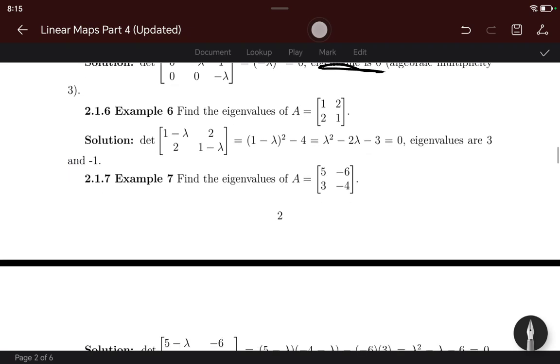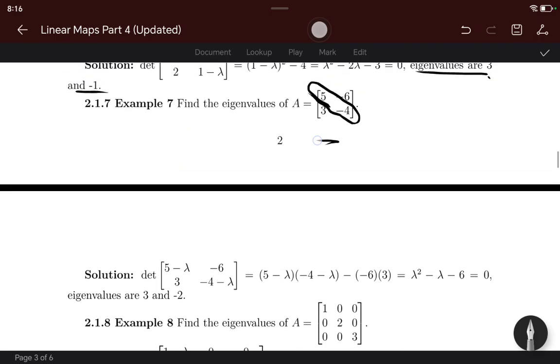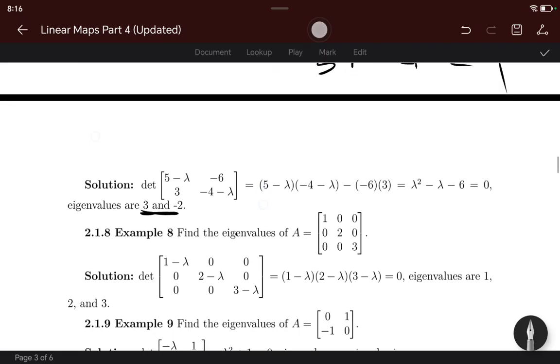Now, on this one, the trace is 2. Then the eigenvalues are 3 and negative 1, which means that there are 2, right? If you check, the trace is 2. Here the trace is 1, it's 5 plus minus 4, yeah, it's 1. Then here the eigenvalues, we got 3 and minus 2, which is sometimes not always the case, as I said.